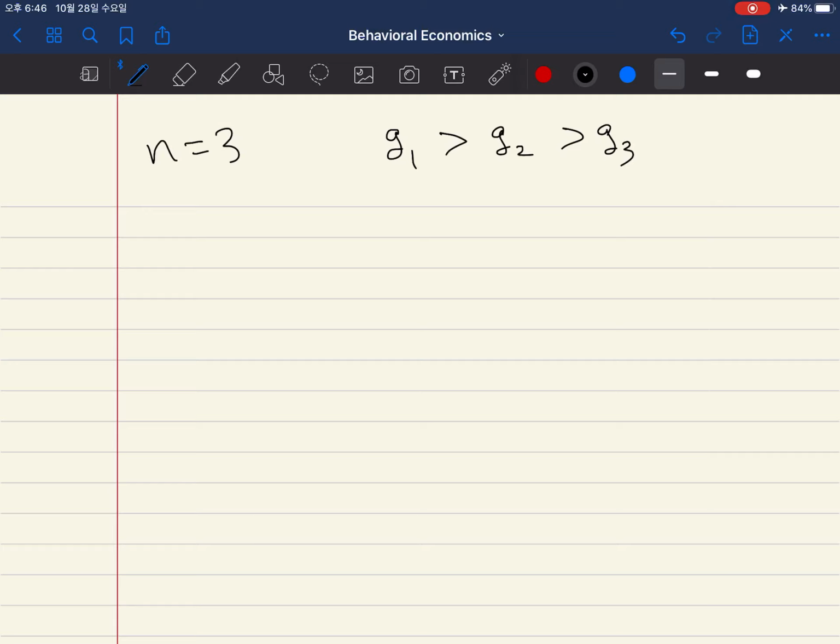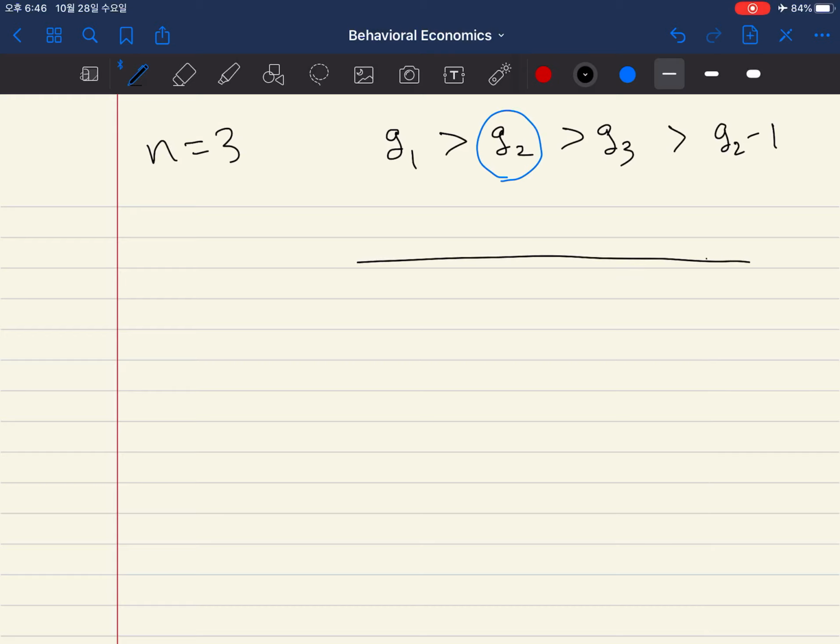We're going to think about the second individual's utility. Let's assume if the second individual lowers his contribution to public good by 1, then his total contribution becomes the least.